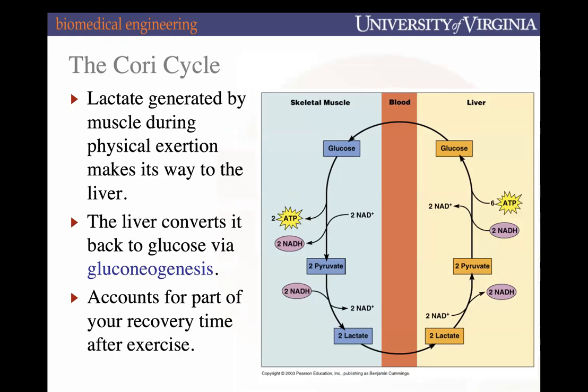This is an example of gluconeogenesis. It's taking lactate and using it to produce new glucose molecules. This is how, during recovery, when there's lactate buildup in your muscles, it can be used to produce glucose as a subsequent energy substrate for downstream glycolysis.